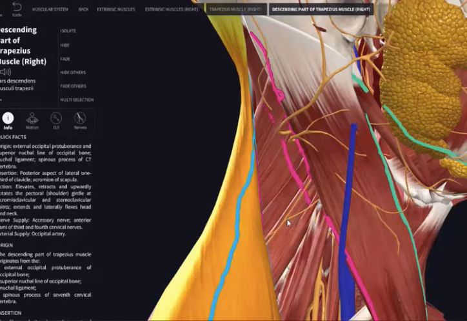So accessory nerve, cranial nerve 11, actually comes from the first 5 segments of the spinal cord, and it only innervates 2 muscles. It is purely motor. It does not have any sensory function.